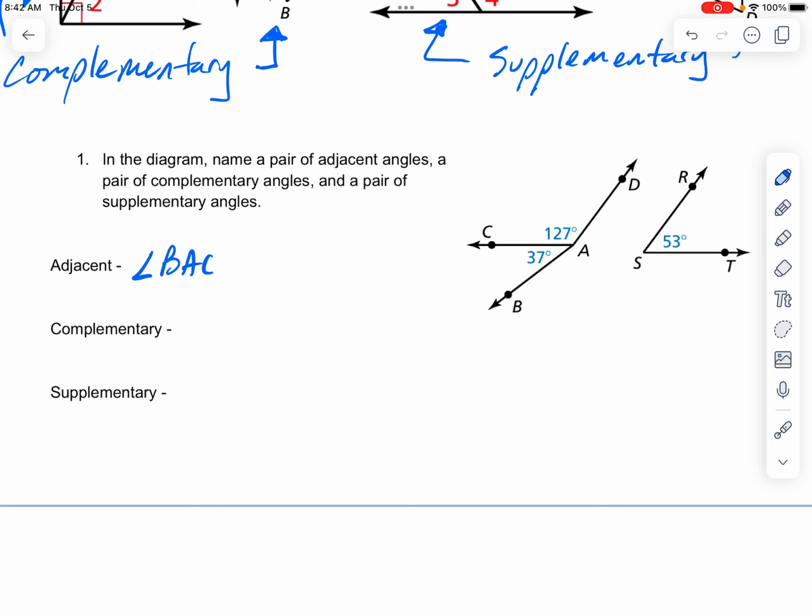So angle BAC and angle DAC are adjacent. Complementary adds up to 90 degrees, 37 plus 53. So angle BAC and angle RST are complementary angles.